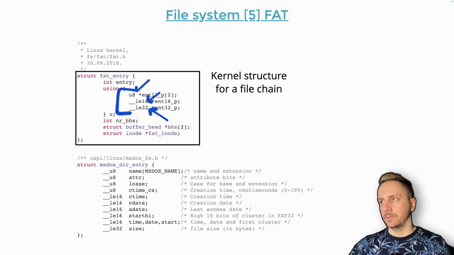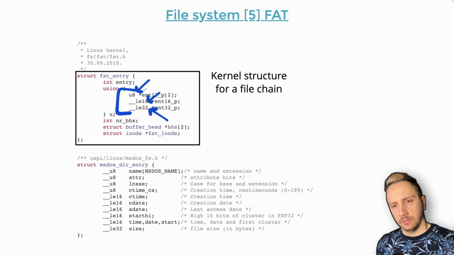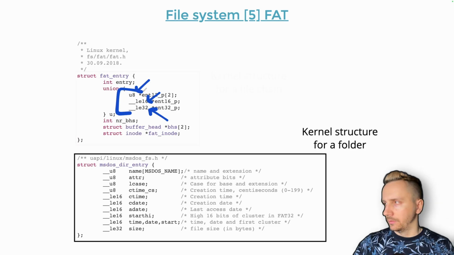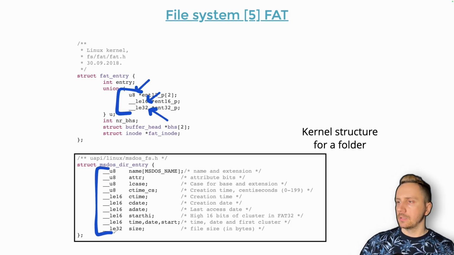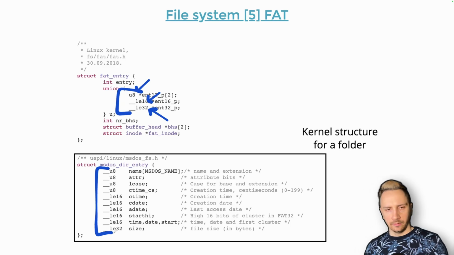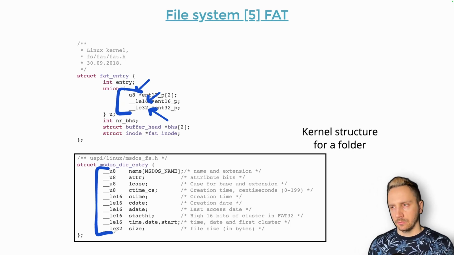It takes a specific number of bytes, so it's encoded always the same way on disk. And this would be the kernel struct for the folder, which also has a very specific sequence of fields of specific sizes, which later, exactly like that, get encoded into bytes stored on the disk.